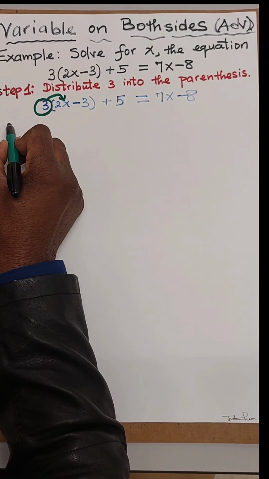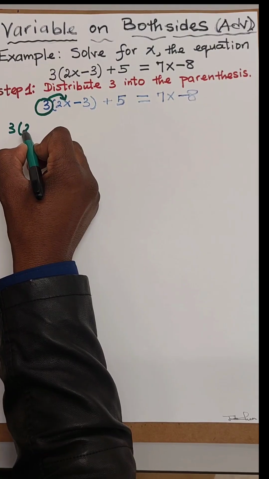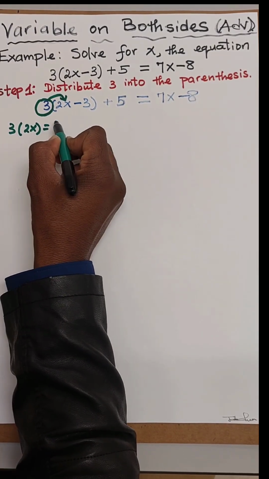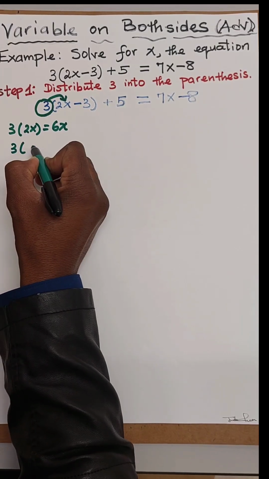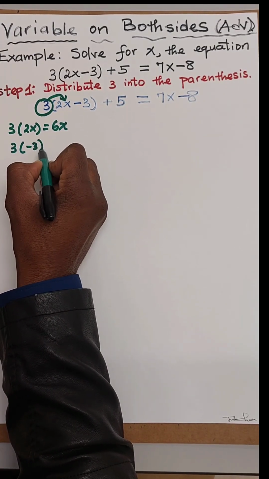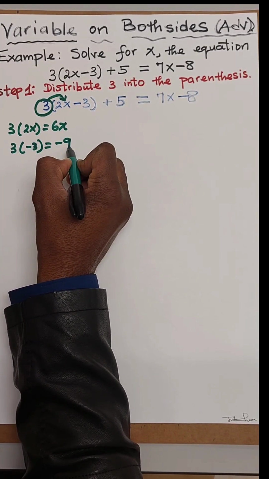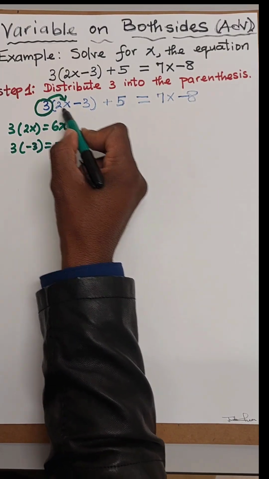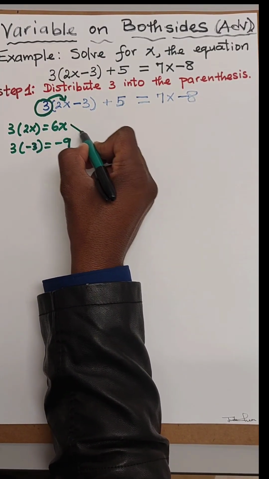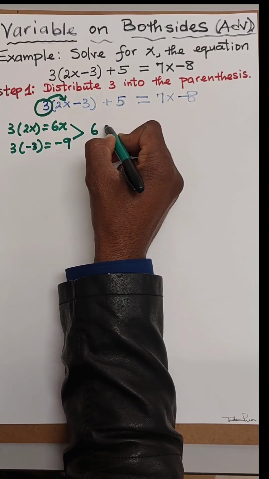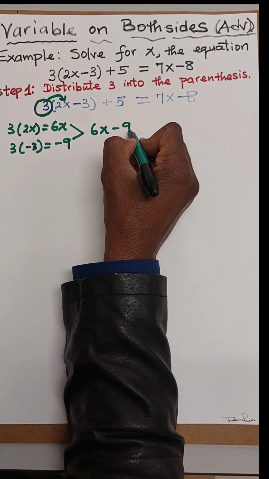So we will do 3 times 2x and we will get 6x. And then we will also do 3 times -3 and we will get -9. So this parenthesis here comes out as 6x minus 9.